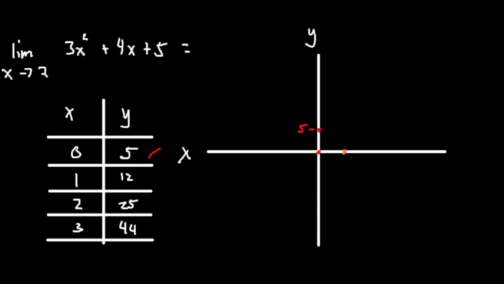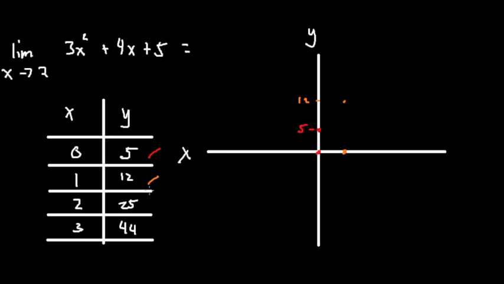If x is 1, y is equal to 12. So it's higher up. Kunyari nandito yung 12. So that is the next one.